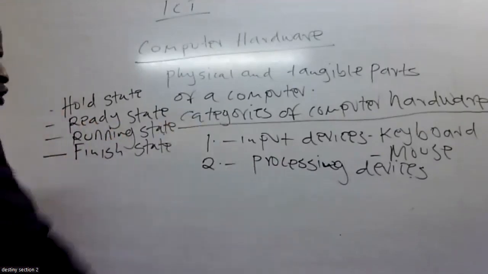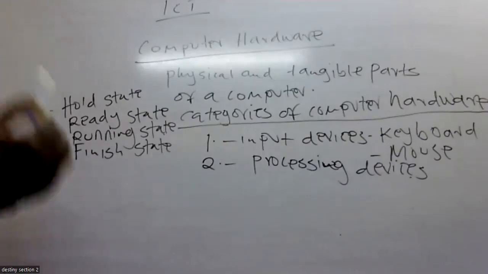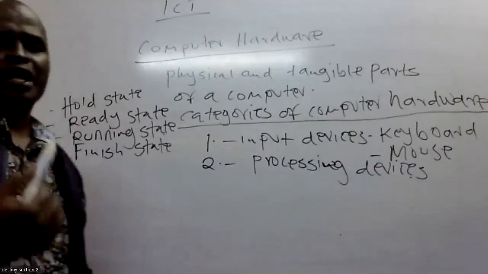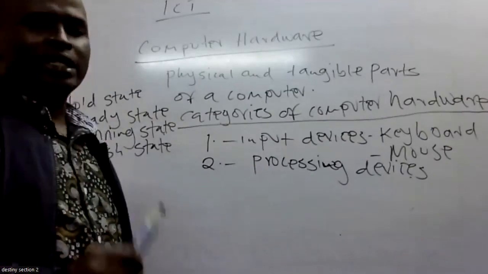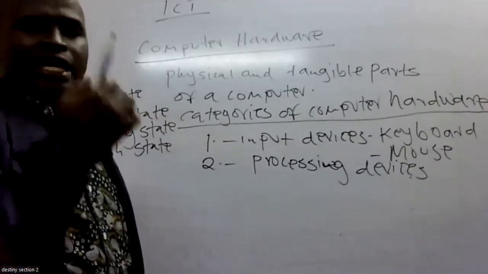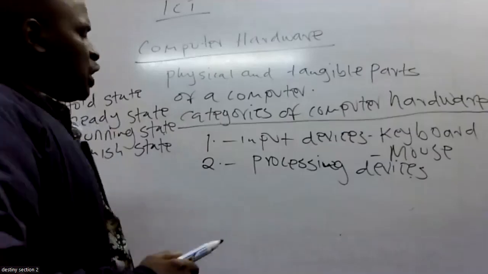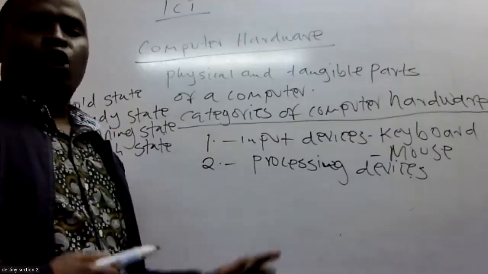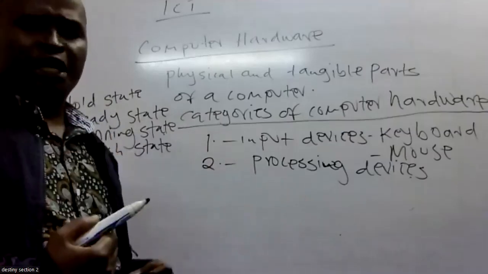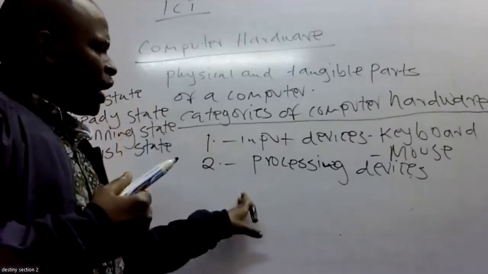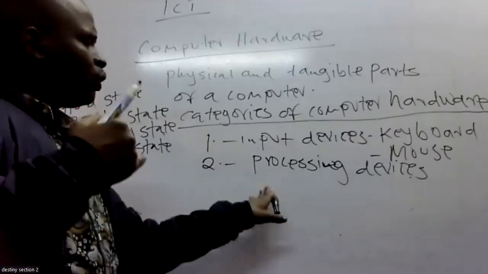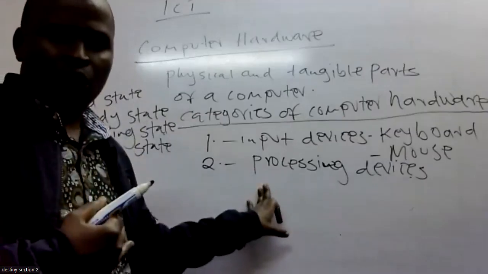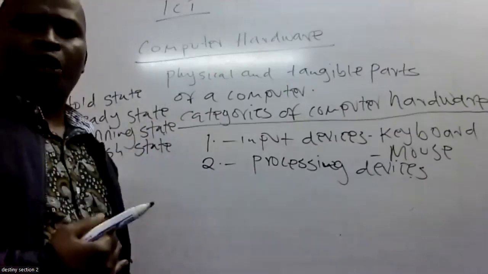So now in the processing, we have a topic we will discuss under the operating system. Under the operating system, we will be discussing something to do with what? With process management, because there must be a coordination as far as processing is concerned in a computer.